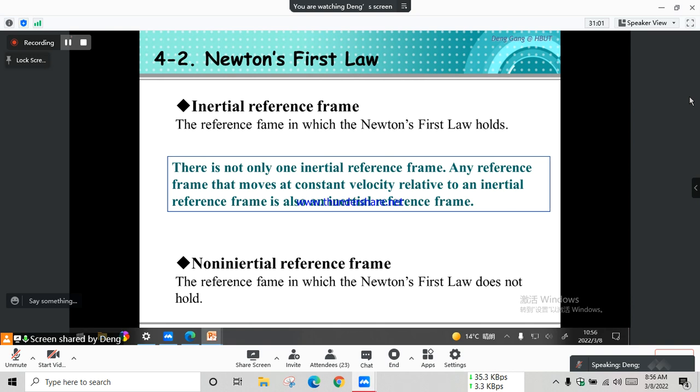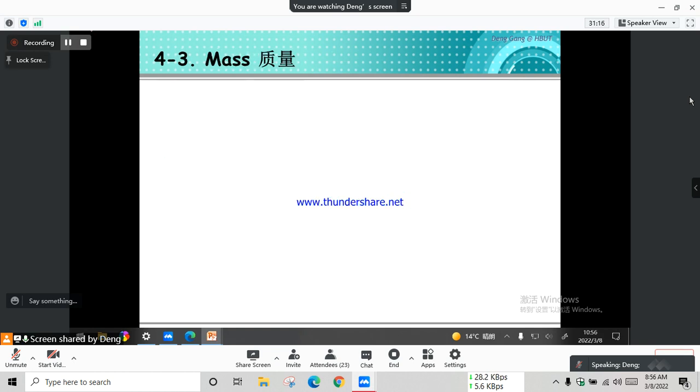That is not an inertial reference frame. Something rotating and something accelerating cannot be chosen as an inertial reference frame. Okay, that's the first law.